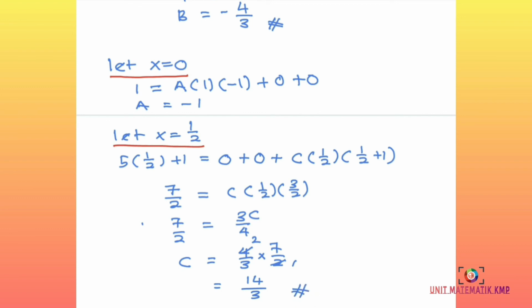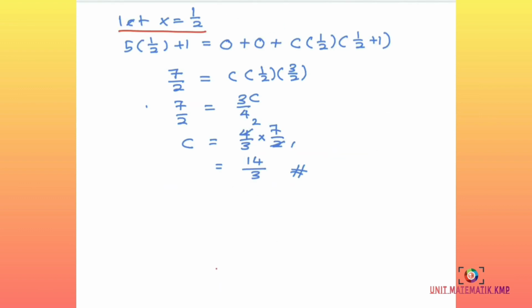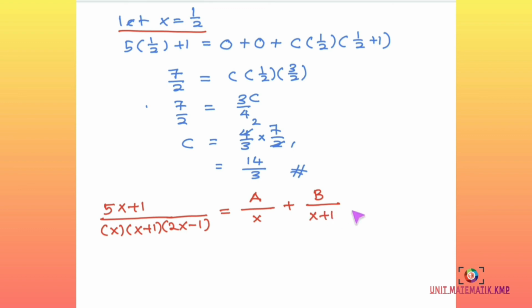Don't forget to substitute back the values of A, B and C into the partial fraction. Our final answer should be (5x plus 1) over x times (x plus 1) times (2x minus 1) is equal to, as we split it just now, A over x plus B over (x plus 1) plus C over (2x minus 1).